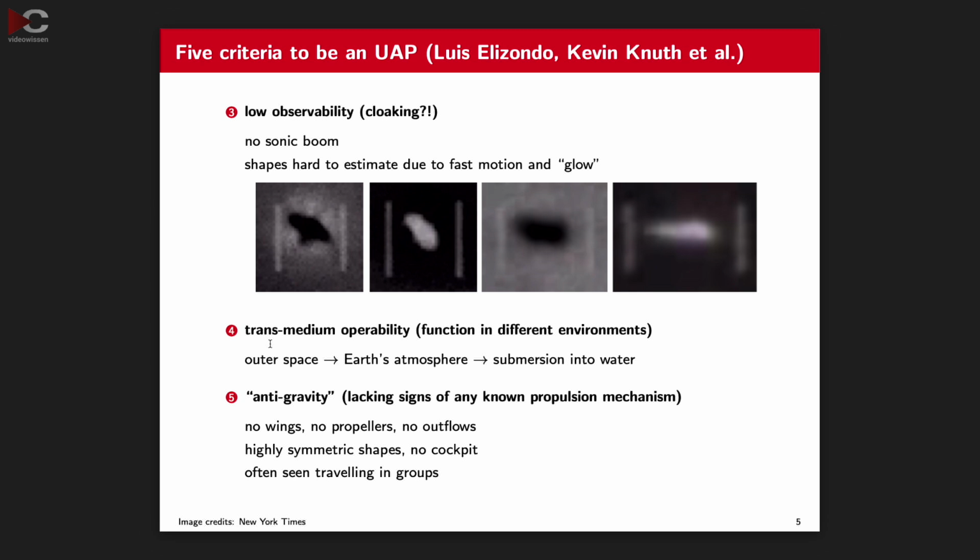Now we come to the third criterion to be a very good UFO candidate of extraterrestrial origin, namely the low observability. Sometimes this also goes by the name of cloaking. One of the characteristics is that we haven't observed any sonic boom when these objects are accelerating through the sound speed barrier.